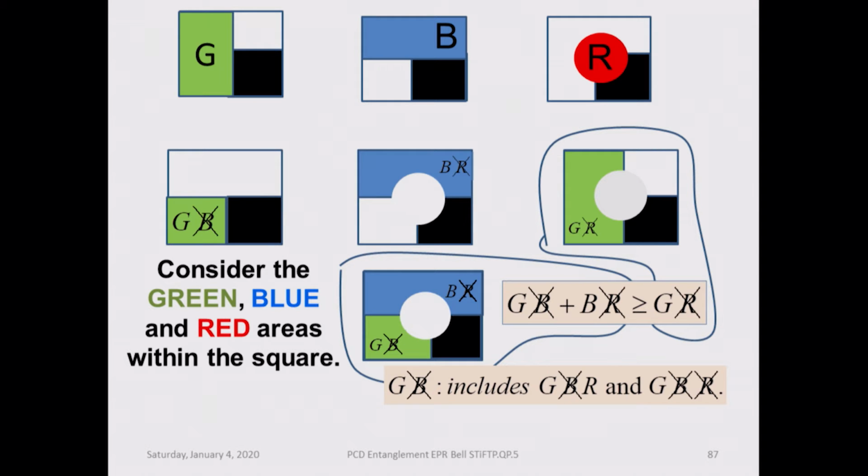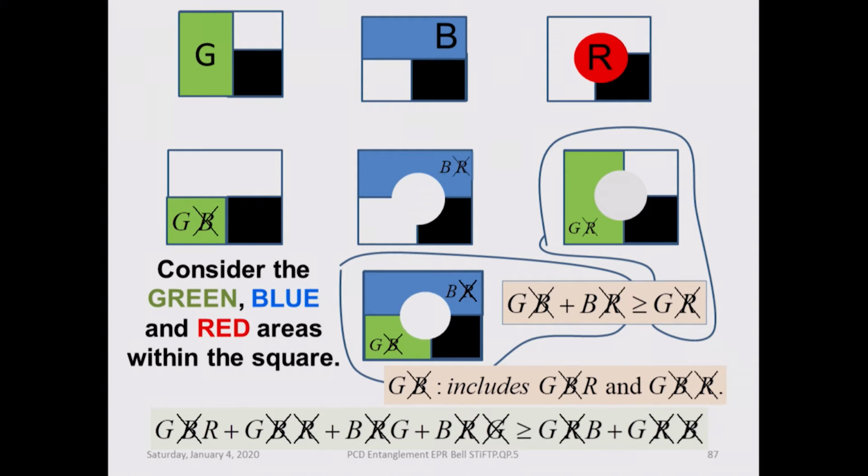So, if there are local hidden variables that you have not measured, but they are there, and a counterfactual theory will admit them. So, the inequality that we have seen corresponds to green not blue. Similarly, the blue not red will include blue not red with yes green and blue not red with not green.